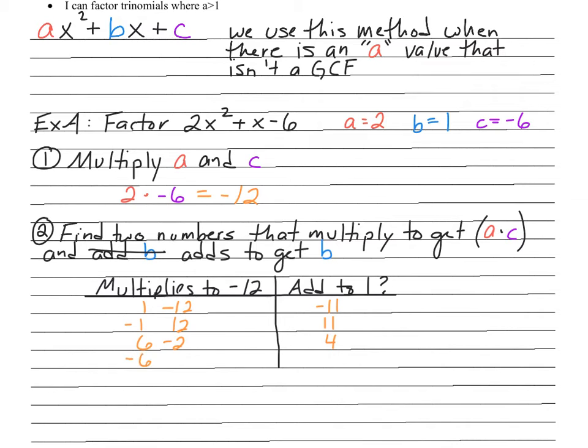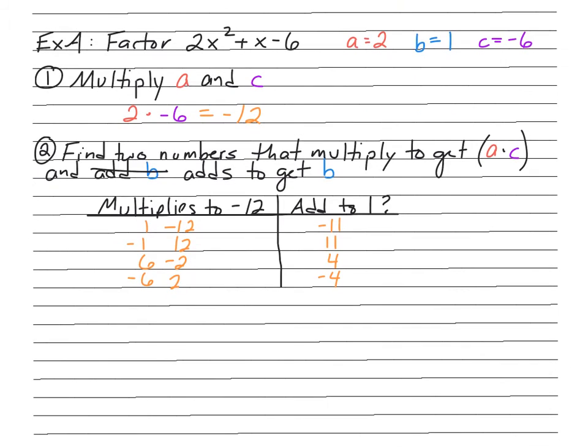If I make the 6 negative, that would give me negative 4. So still not. So 4 and 3 is the last combo, and 4 and 3 will work. Which one needs to be negative? 3. Yes, good. So we need a positive 4, a negative 3. There's my 1. So that's the combo that I need.